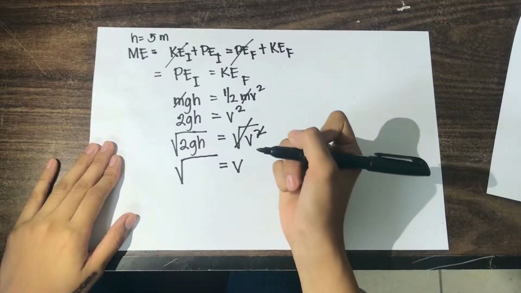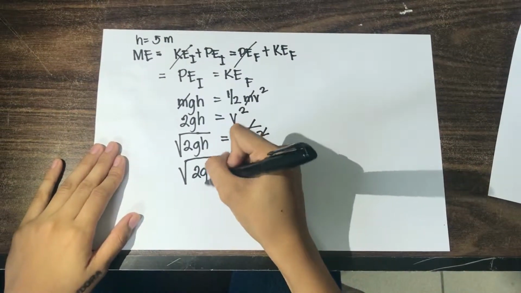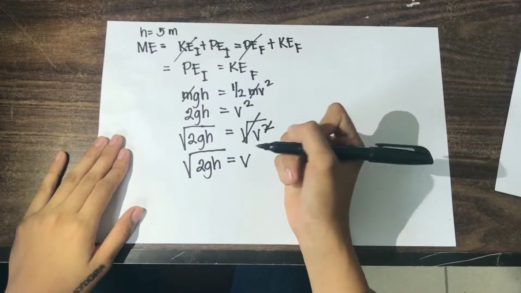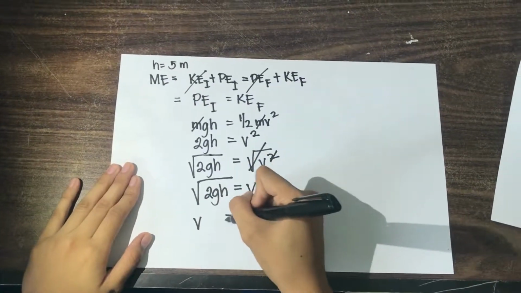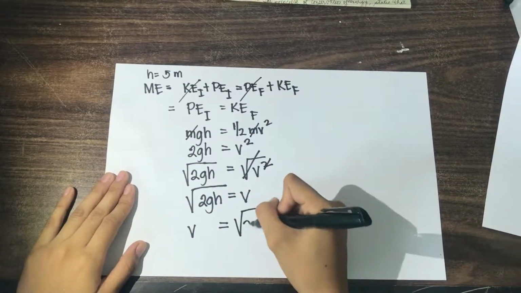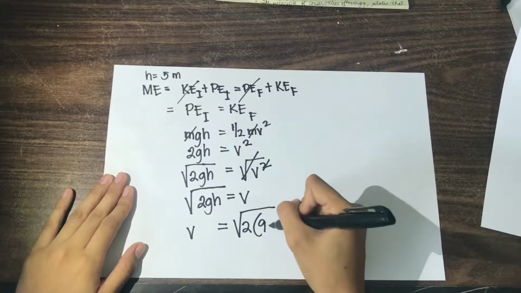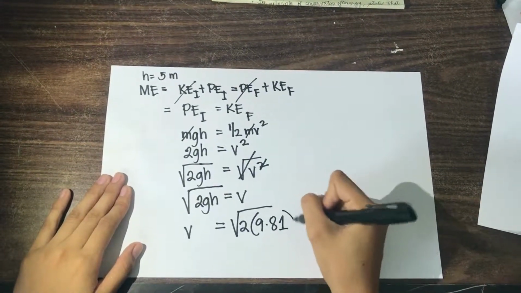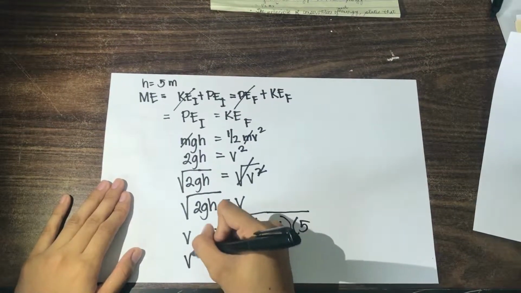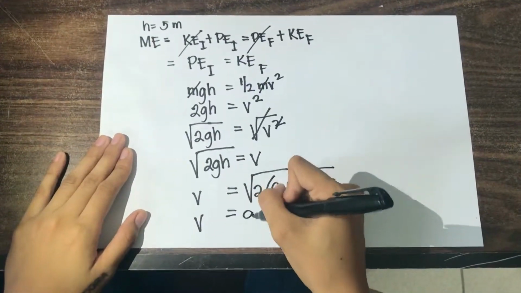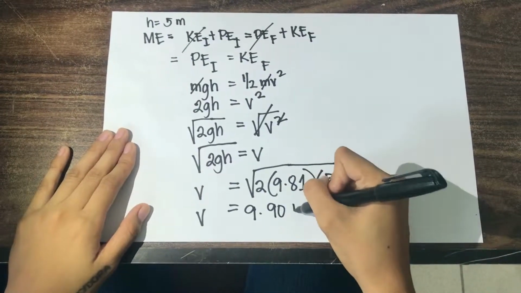Then, substitute the given. Velocity is equal to 9.90 meters per second.